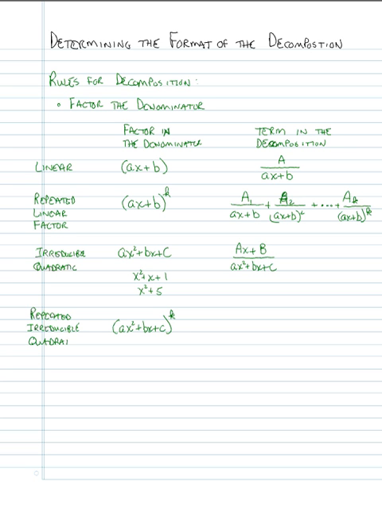Well, it follows the same pattern as the repeated linear factor. What we're going to have is this irreducible quadratic factor appear as a denominator, from the power 1 up to the power that we have, so power 1 and power 2, and then it would continue, dot, dot, dot, until we got to the full complement of powers, up to whatever the k power is that we started with.